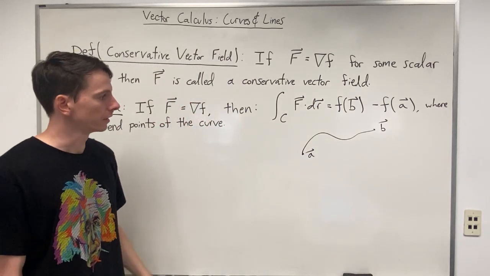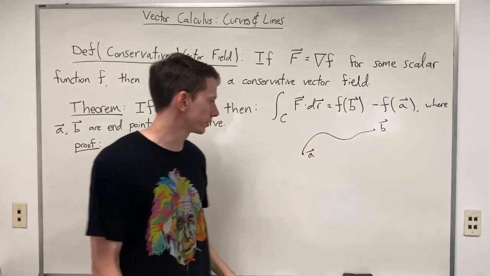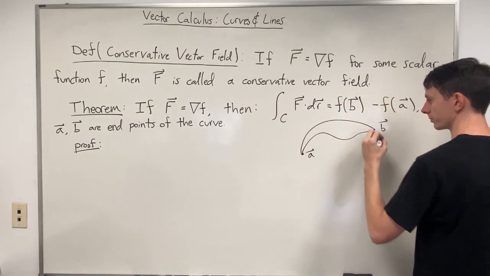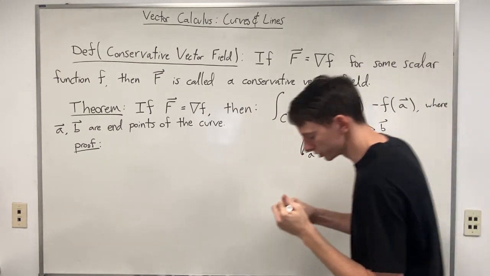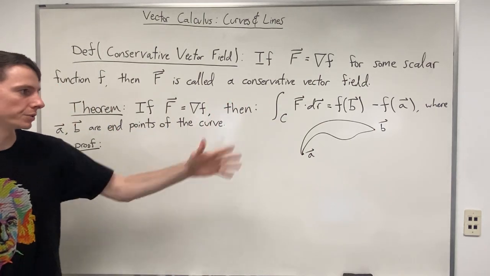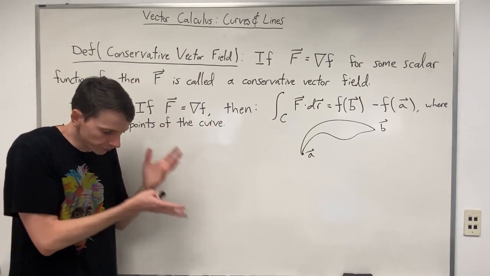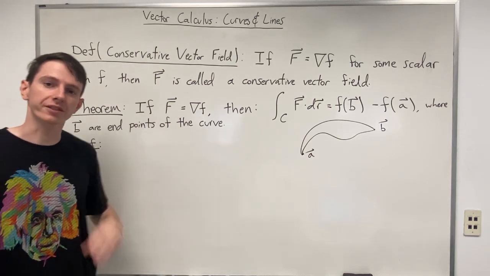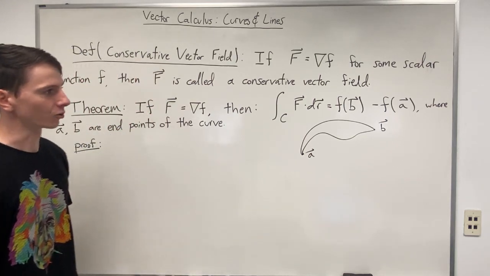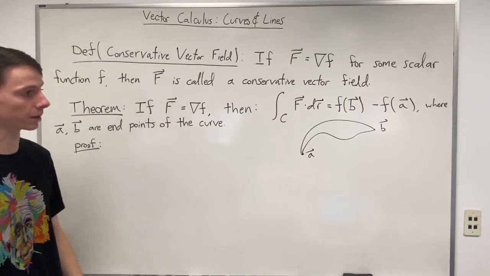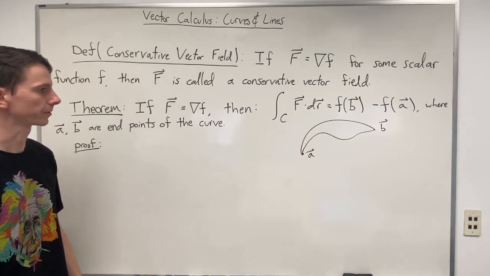In other words, this could be our curve, but we could also draw another curve that might look something like this. And as long as we're starting at A and going to B, the end result is going to be the same. So when we integrate conservative vector fields, that is the convenient case where the path we take does not matter. We're going to get the same result every time.